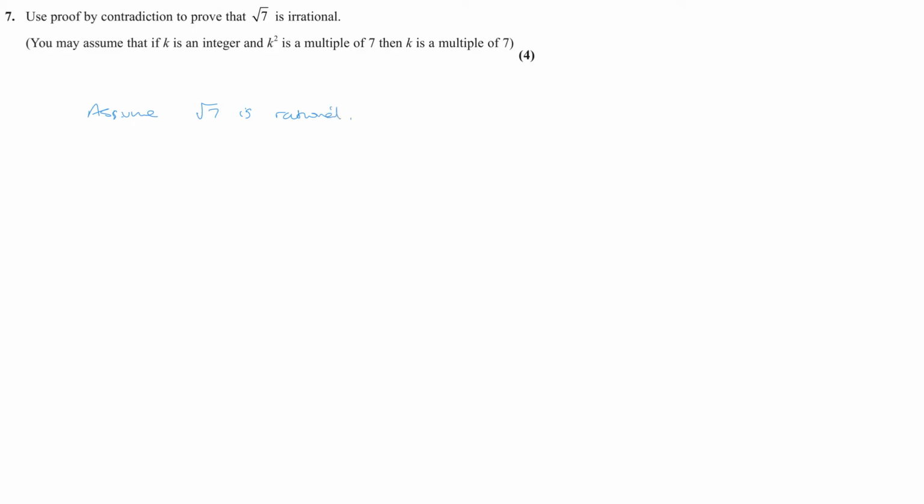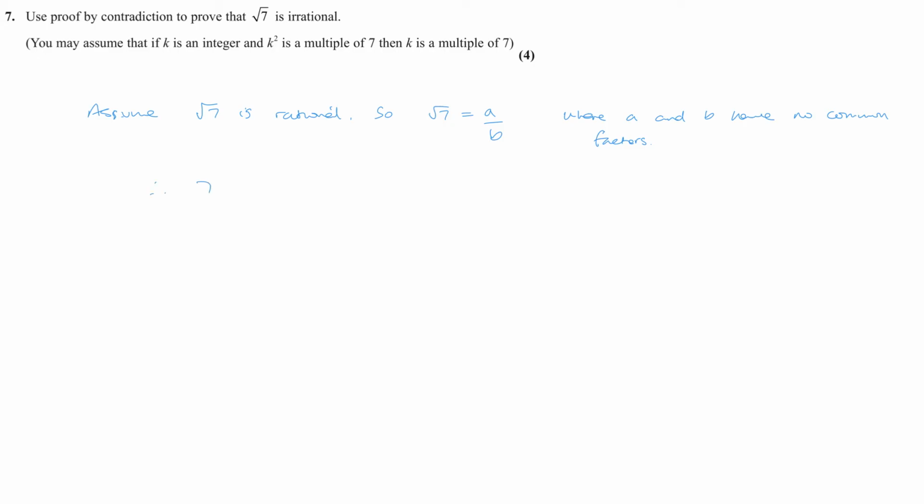Therefore root 7 is equal to A over B, where A and B have no common factors.